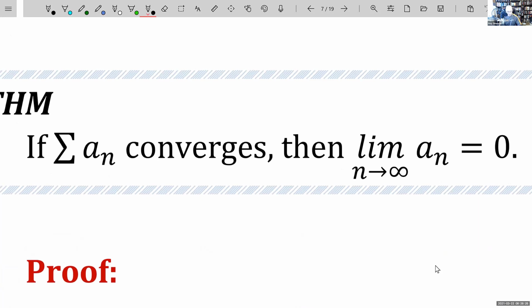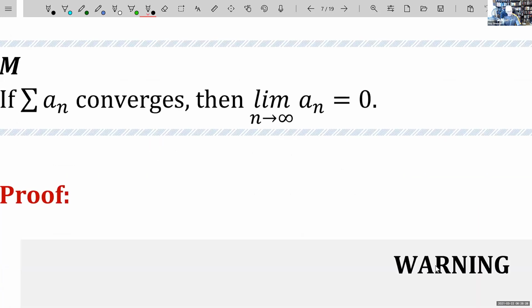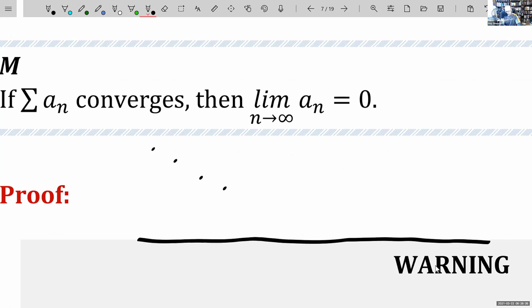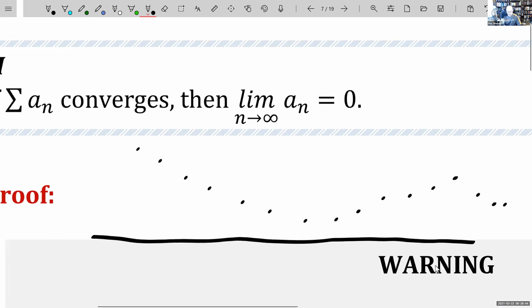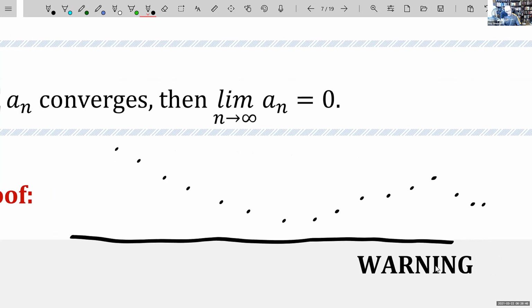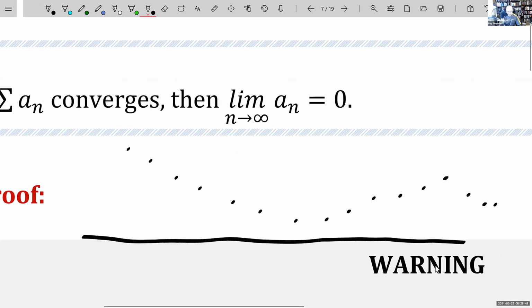If your sequence terms do not tend to 0, let me just show this with some dots. Let's suppose that you have these sequence terms. Here's the x-axis. And let's suppose that in the long run, they don't tend to 0. If that's the case, then remember what you're doing when you're adding up those terms.